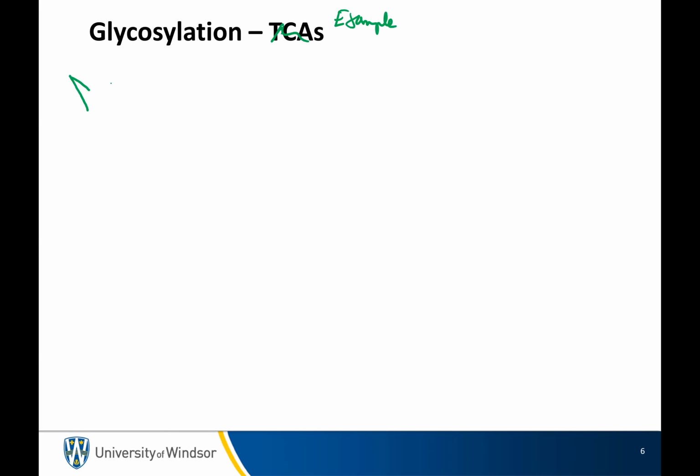Now, if we think about the galactose component, just draw it up here in the top corner so we keep an eye on it. So think about this. And this needs to have come from galactose itself.